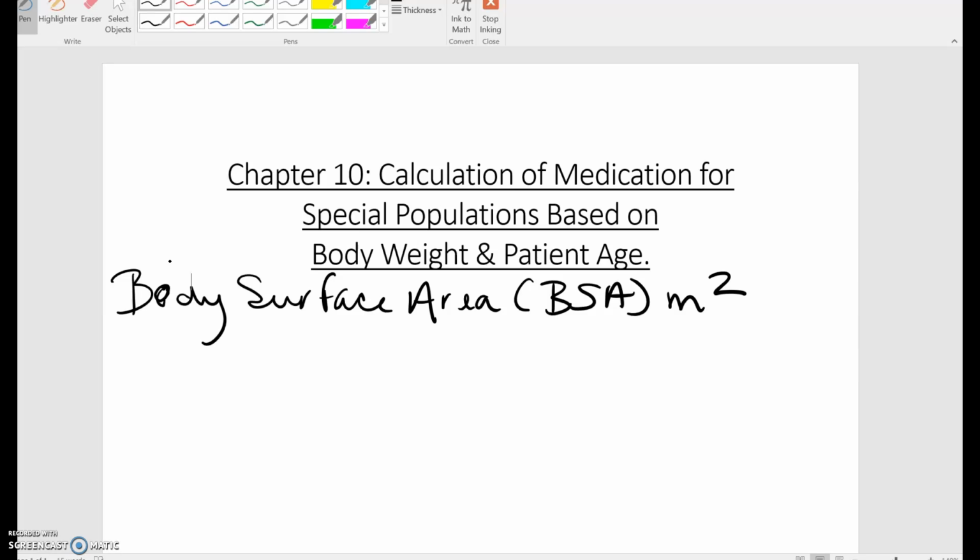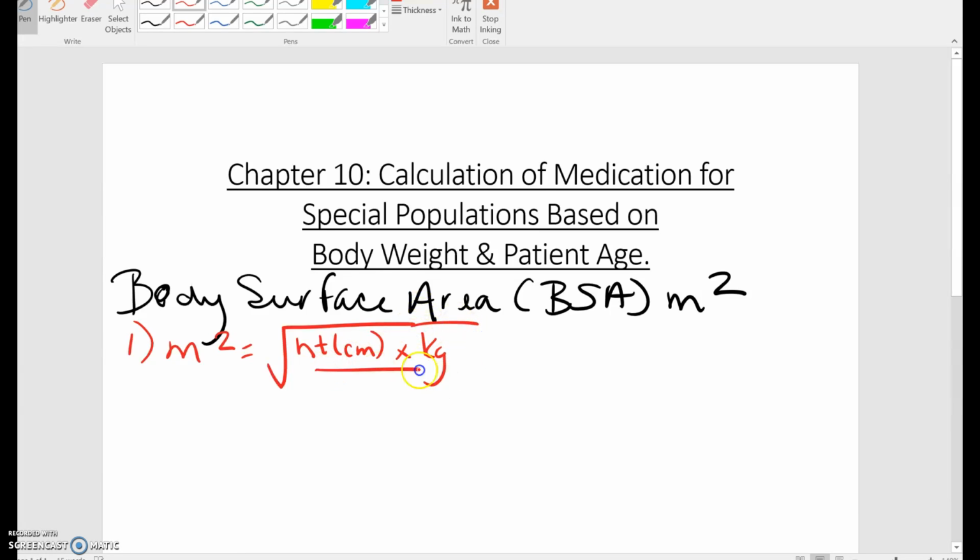All right. And remember, I told you that there are 2 formulas that you need to know when determining a body surface area. The first formula is meters squared equals the square root of a patient's height in centimeters times kilograms over 3,600.